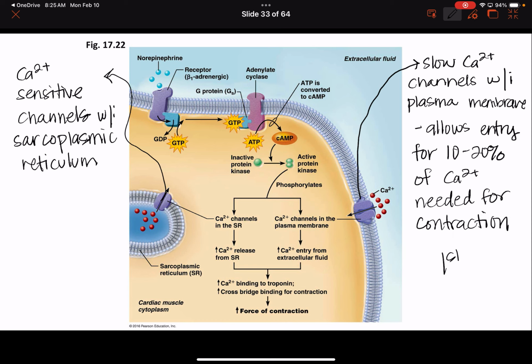And this one is going to work first. So we have these slow calcium channels that are going to allow calcium to leak into the cardiac muscle cell, only 10 to 20% of the calcium needed for contraction.